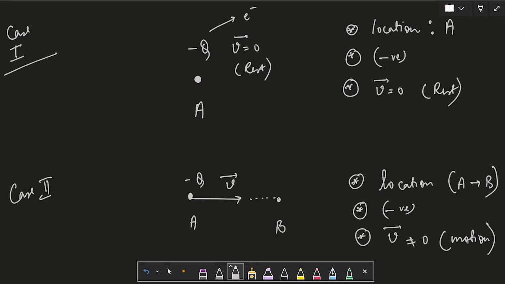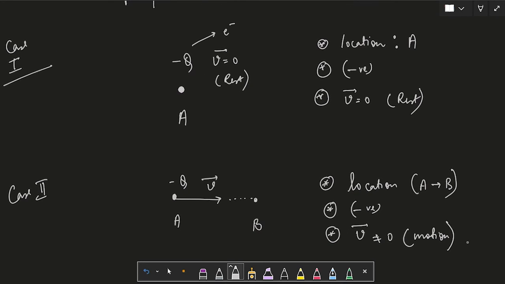Now, both are on your screen, case 1 and case 2. In case 1, this is a negative charge and it is at rest. The same negative charge in case 2 is now moving with a certain velocity v. In case 1 the location is A, so the position is not changing. When the position is not changing, we can say it is at rest.